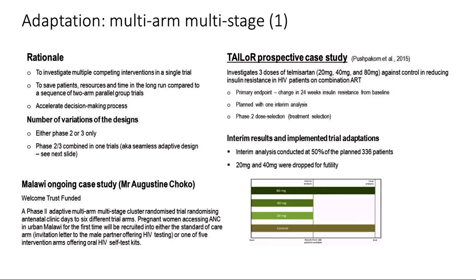So they decided, instead of taking one dose to phase 3, why not investigate different doses in phase 2 and look at efficacy and safety during the course of the trial? They did that, and at 50% of the planned sample size, they had to drop 2 doses, the lower doses, because they were not effective. So it just illustrates that you can have different options when you're designing a trial.